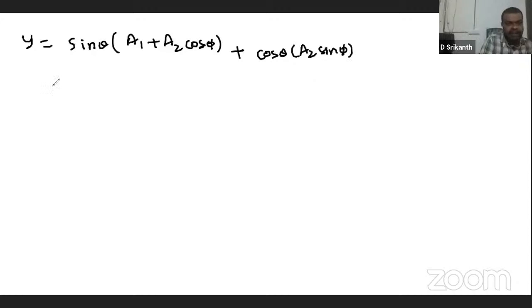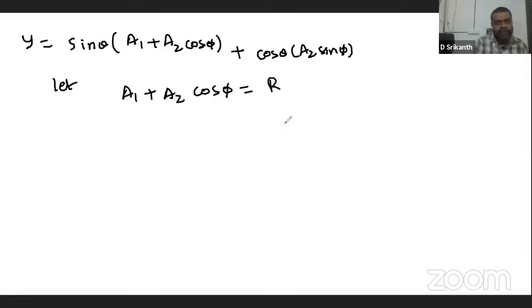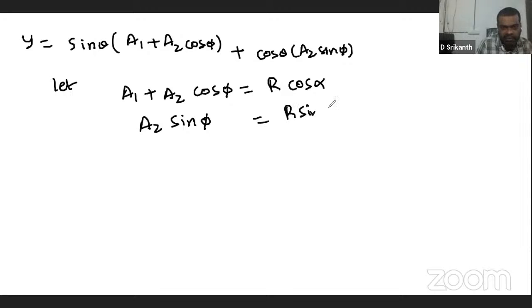I am considering the condition that let a1 plus a2 cos phi is equal to r, amplitude of the resultant wave, r cos alpha. And then a2 sin phi, I will consider it as r sin alpha.